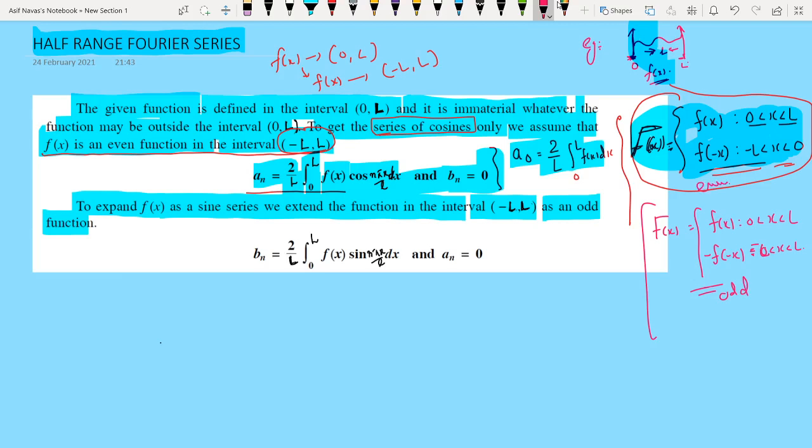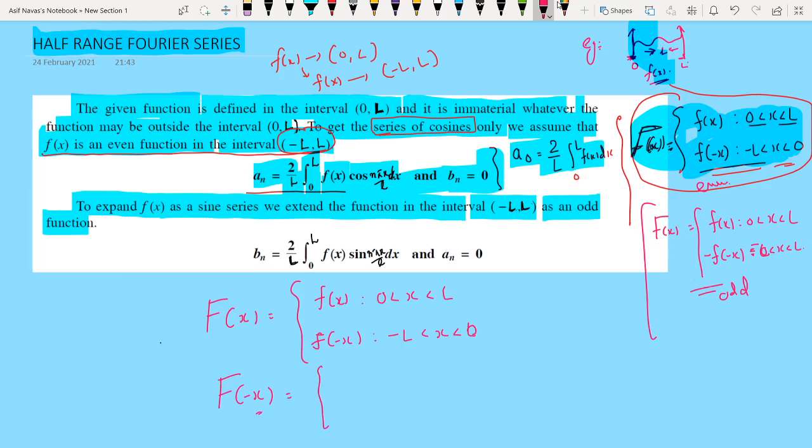So we can prove that if we extend like this, f of x is defined as f of x for 0 less than x less than L and f of minus x for minus L less than x less than 0. Okay, we can check whether it is even or odd. Let us find f of minus x.